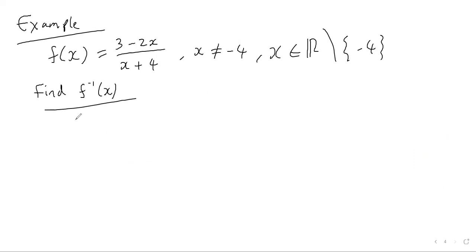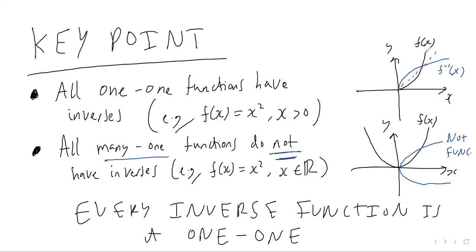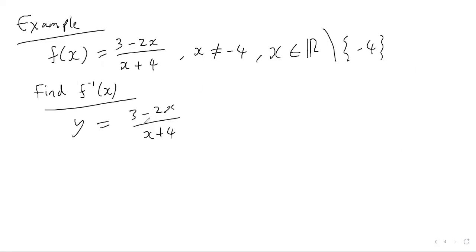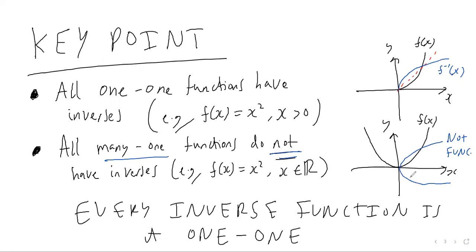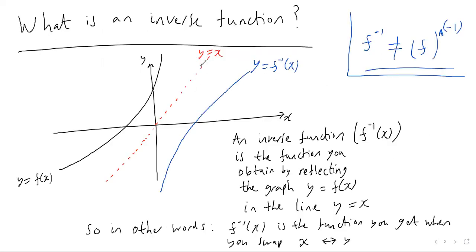So the key thing is you're just going to write y equals 3 minus 2x over x plus 4. That's the equation of your curve. Now the key thing with inverse functions is we're reflecting it in the line y equals x, so we're swapping the x coordinates with the y coordinates.